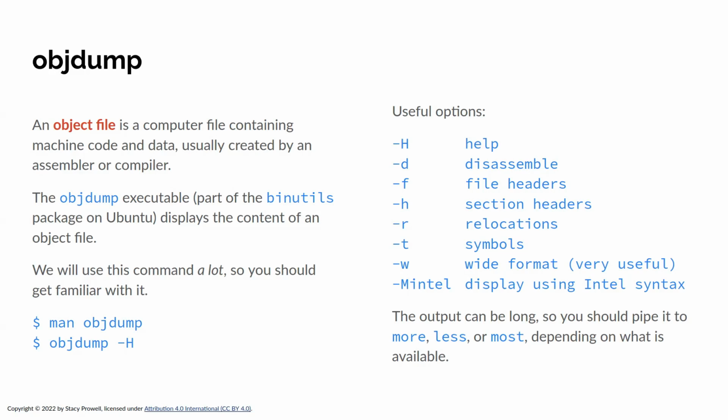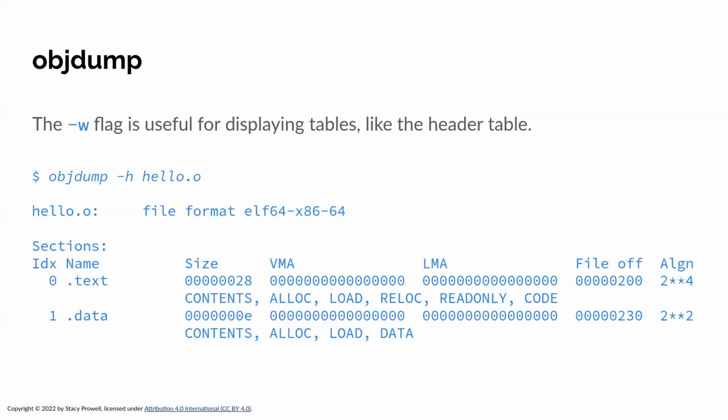Some useful options. -H is your friend, and it's -H because lowercase -h tells you the section headers in the file, and that may not be what you want. There's a special flag, -W. Objdump can display a lot of tables that are present in a file.